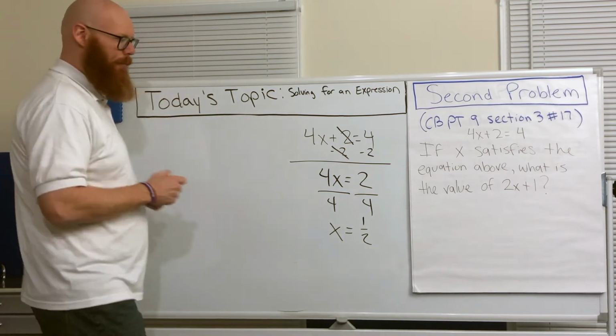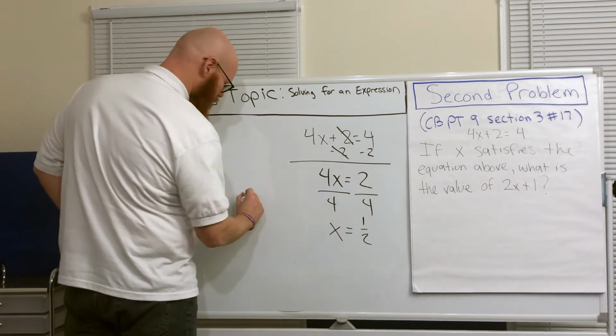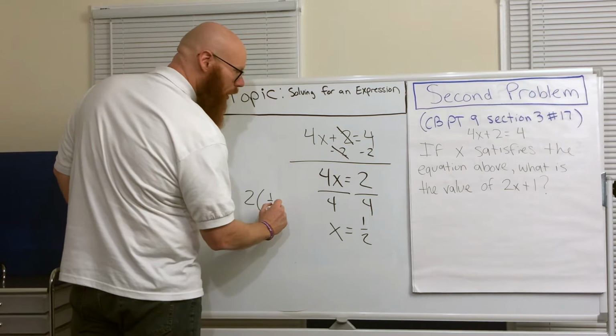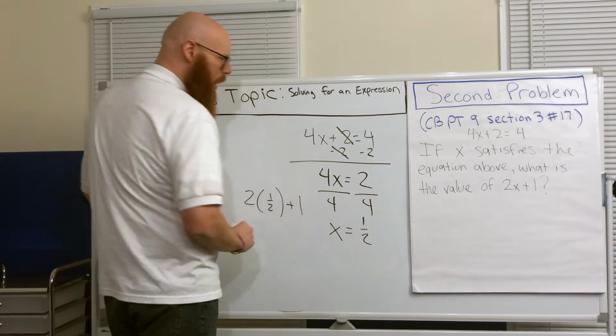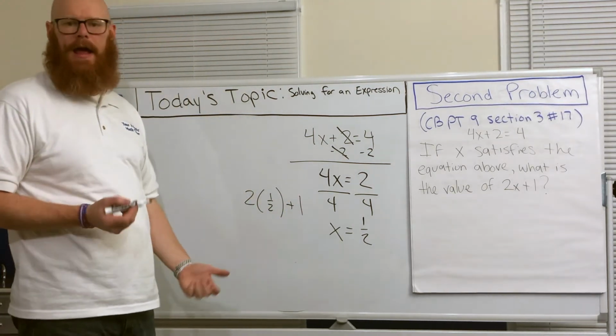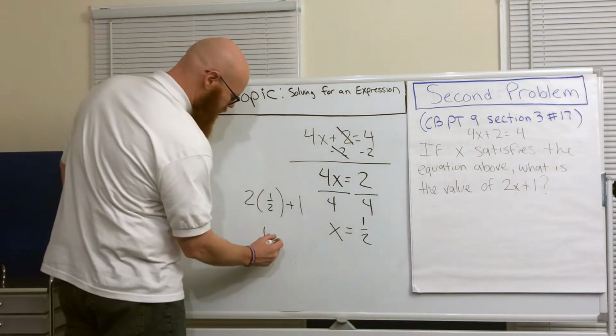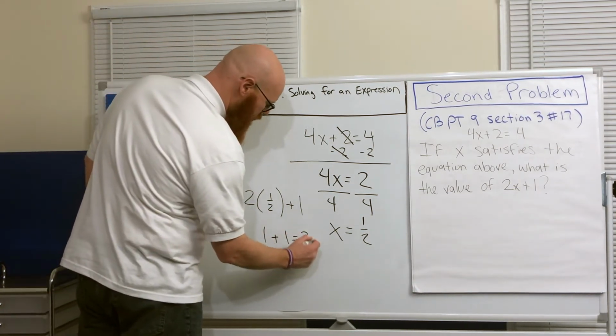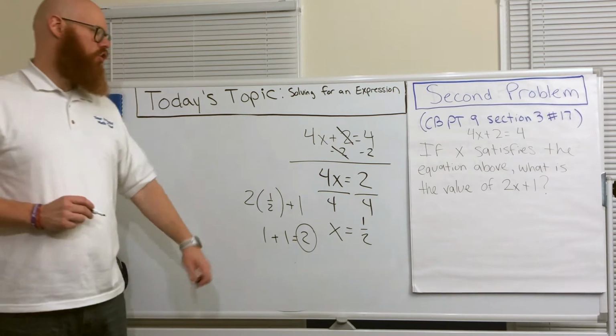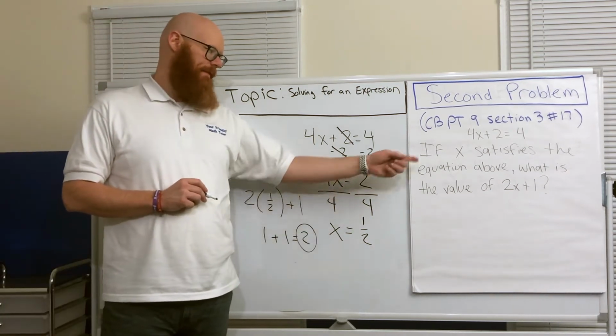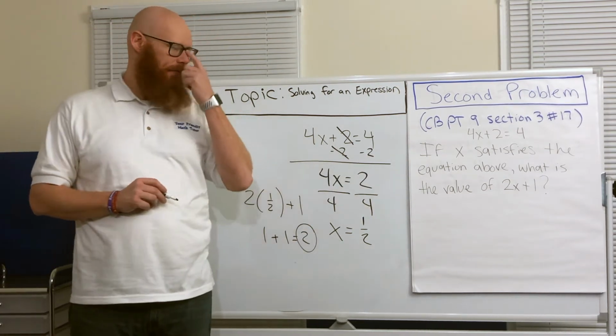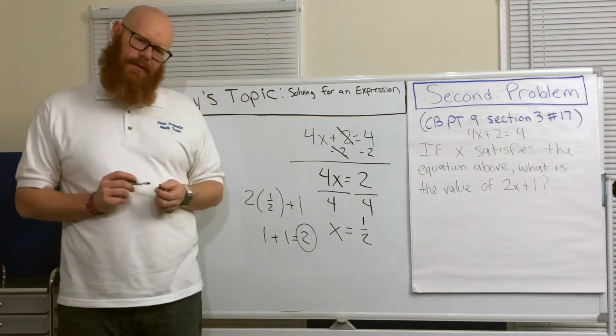And now we've got to substitute into our expression: 2 times 1/2 plus 1. Well, that makes it a little easier. 2 times 1/2 is just 1, and 1 plus 1 is 2. So our answer is 2. The expression evaluated at x equals 1/2 is 2. All right?